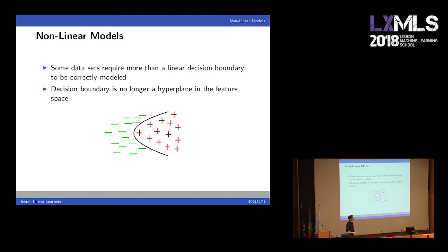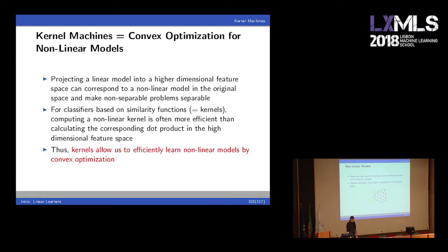We have to make sure that we can find a classifier that finds a decision boundary that looks like this. How do we do this? So one way is called kernel machines.